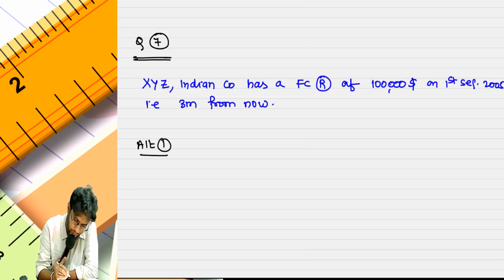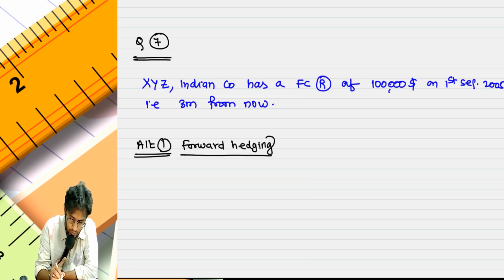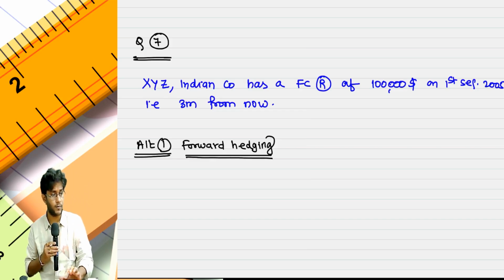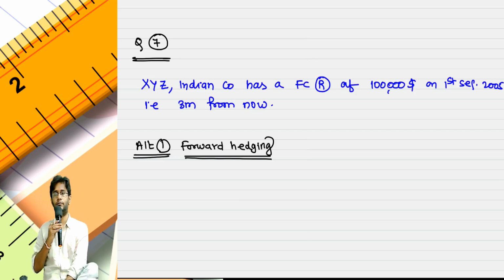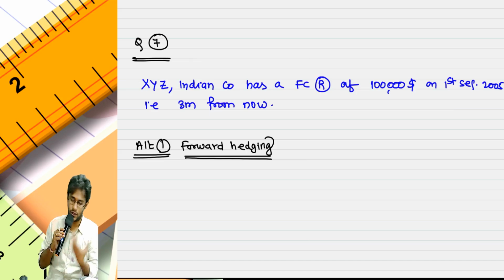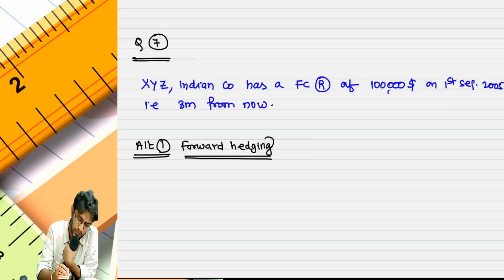Alternative 1: forward hedging. Single quote, two-way quote? Single quote. See how simple life is.